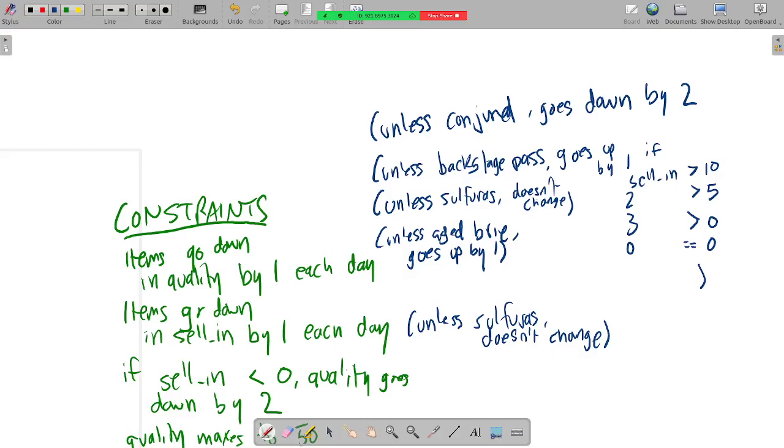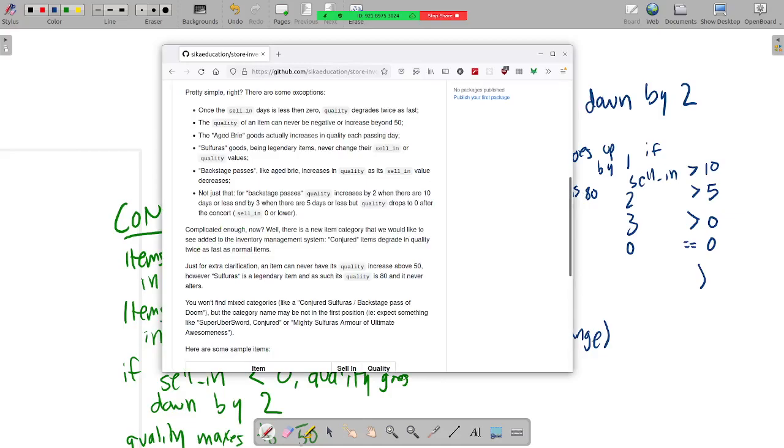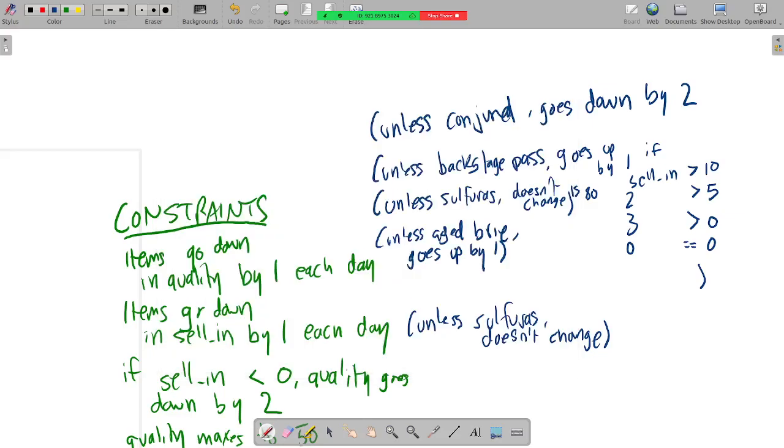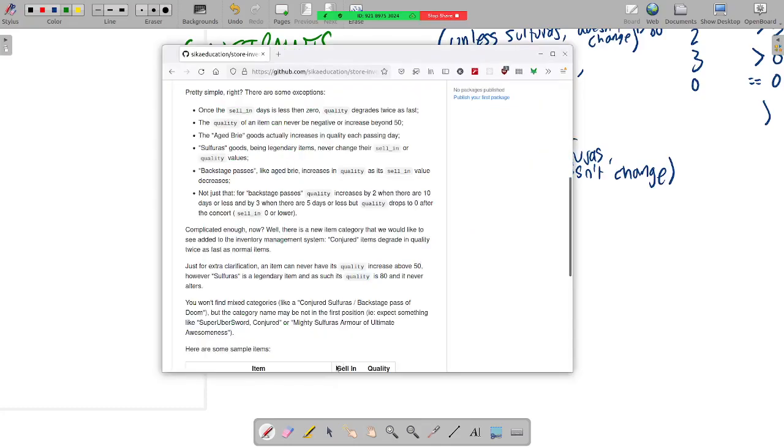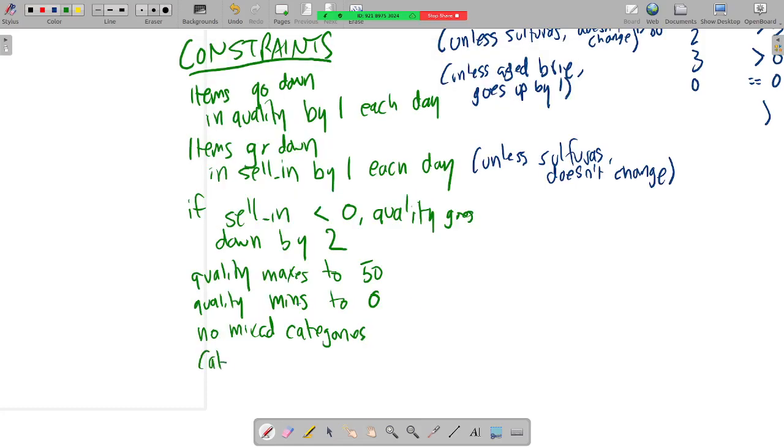So we have that. It doesn't change. Another constraint, no mixed categories. Category might not be first.